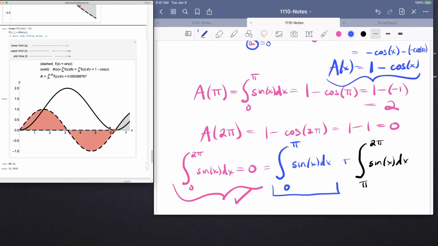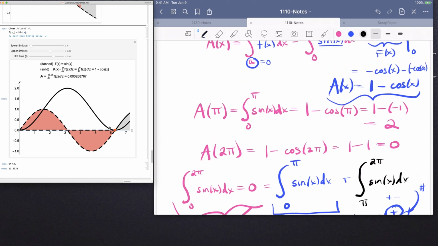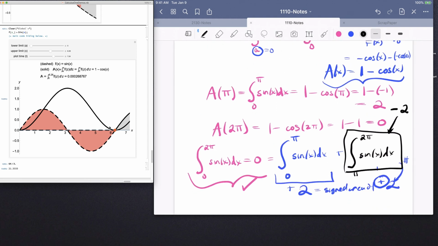The first part from 0 to pi had a positive area of 2, so it had a signed area of positive 2. A signed area is a sign, a plus or a minus, and then a number. The other area, from pi to 2 pi, came out to be a negative 2. And it was the 2 plus the negative 2 that made that add up to 0 right here.